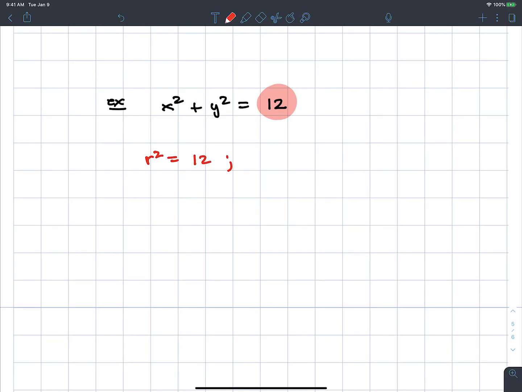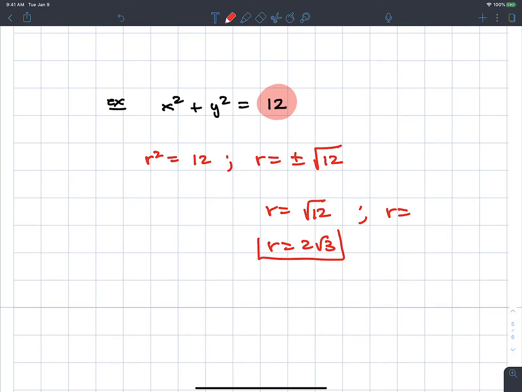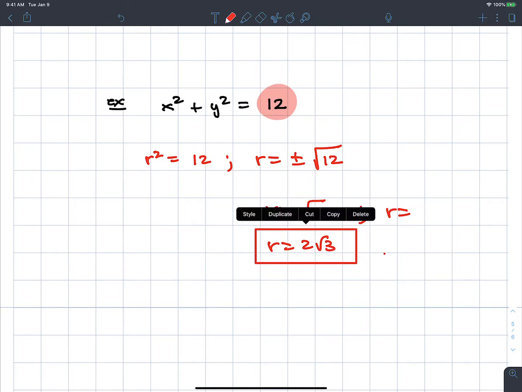Now say yes. So then by the square root formula, r is plus or minus square root of 12. And you say the radius has to be positive. It does. And when you simplify the square root of 12, ladies and gentlemen, if you remember, this is going to be 2 square root of 3. So go through your simplification process here. And what you notice is you have an irrational number.